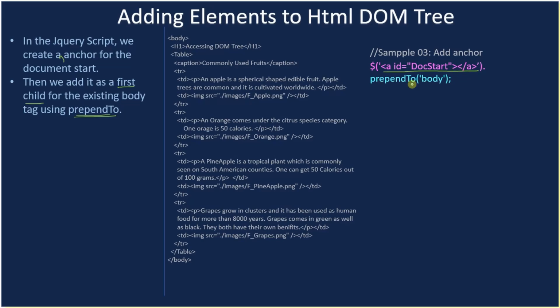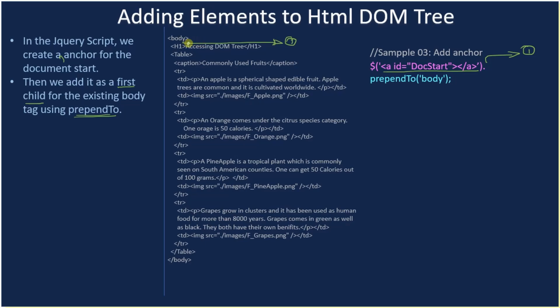So we are stating prepend this anchor to the body, right? So this is the body tag, right? That means the location we are choosing is this. So we want to add the created element at this location, right? Prepend to the body.